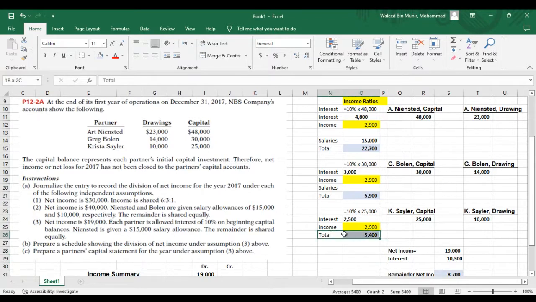Is it clear? Now you have what each partner will get, 22,700, and these are what will be the entries. Is it clear? It's clear, Doctor.